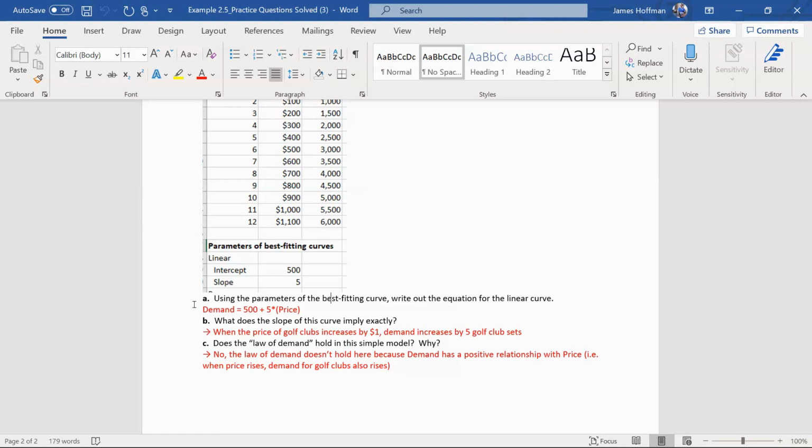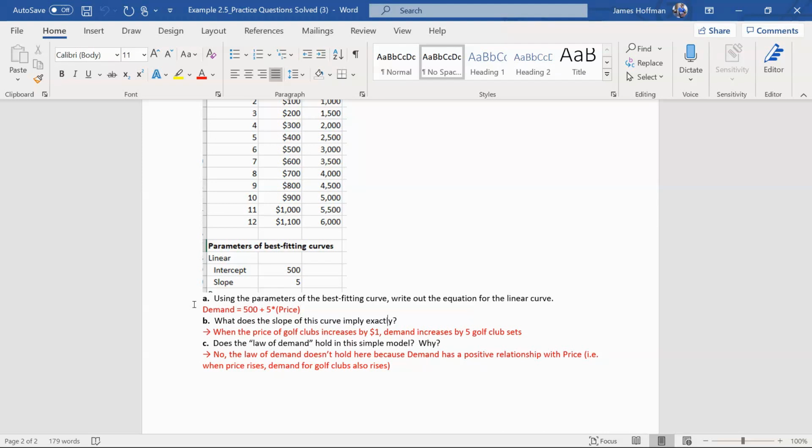Using the parameters of the best fitting curve, write out the equation for the linear curve. Now we have an intercept of 500 and the slope is 5. The same format, this is the effect of price on demand, but you have different parameters. So that would be 500 plus 5 times price. Demand equals 500 plus 5 times price.